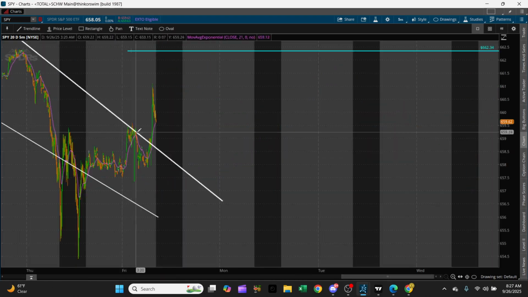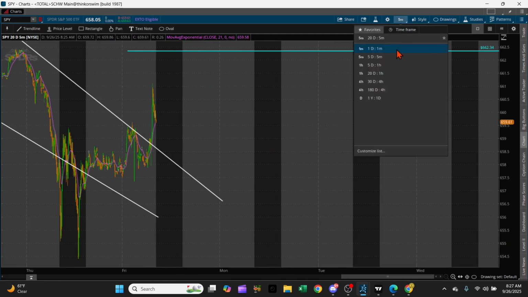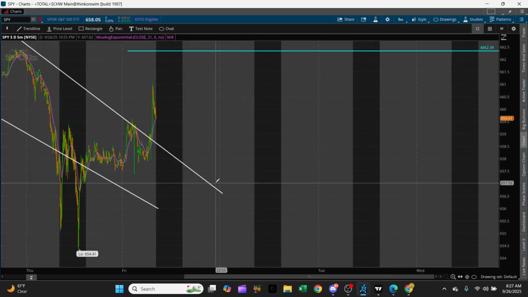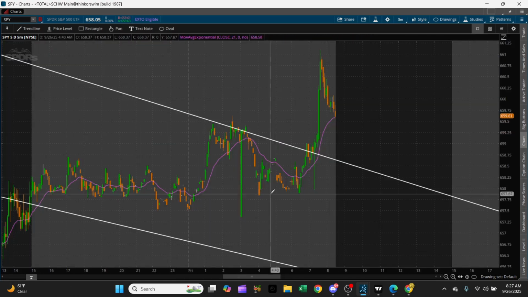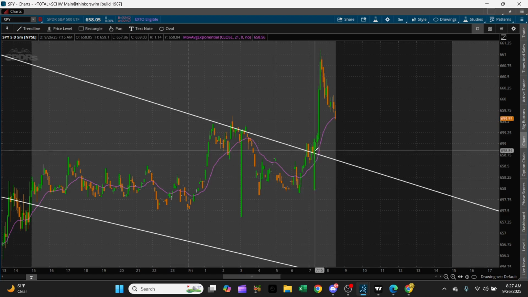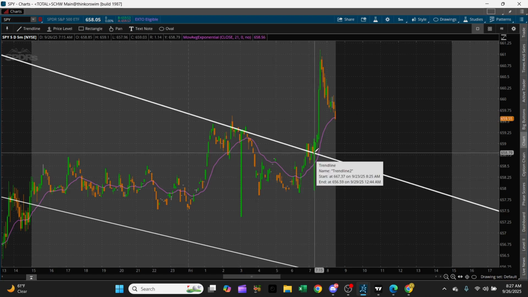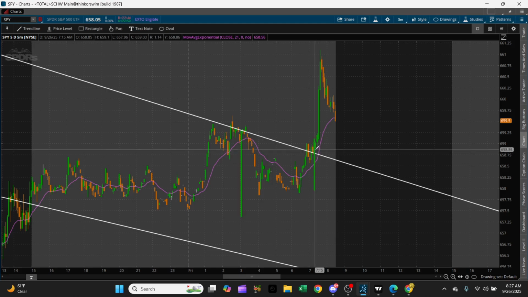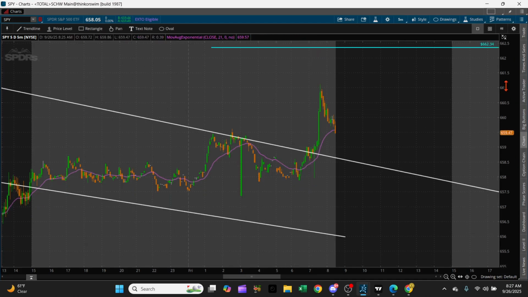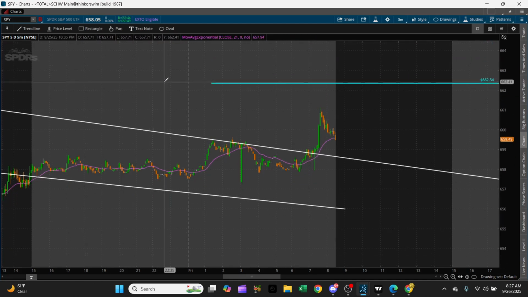On the 5 minute, it's the breakout right here, right up in this area. So right here, 658.79 plus the $3 and some change, I think it was like 350, 360, somewhere around there, ultimately gave me a profit target of 662.34.